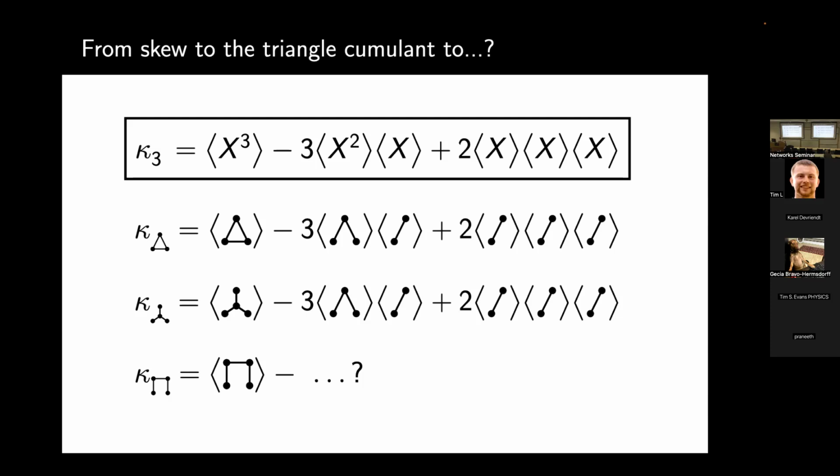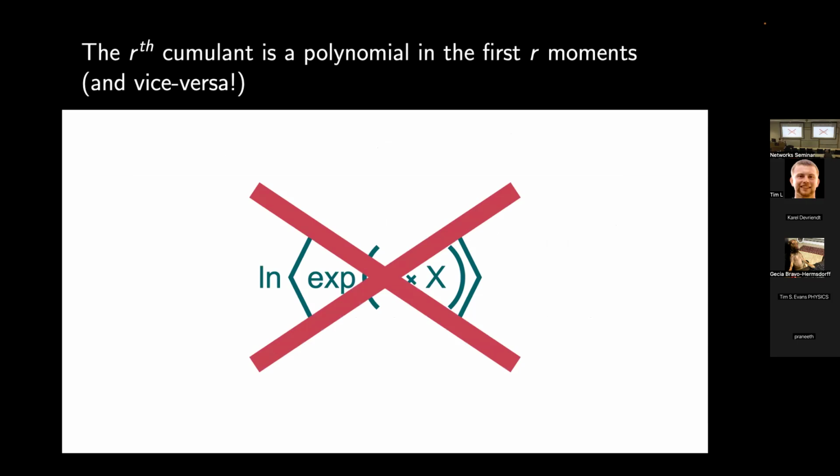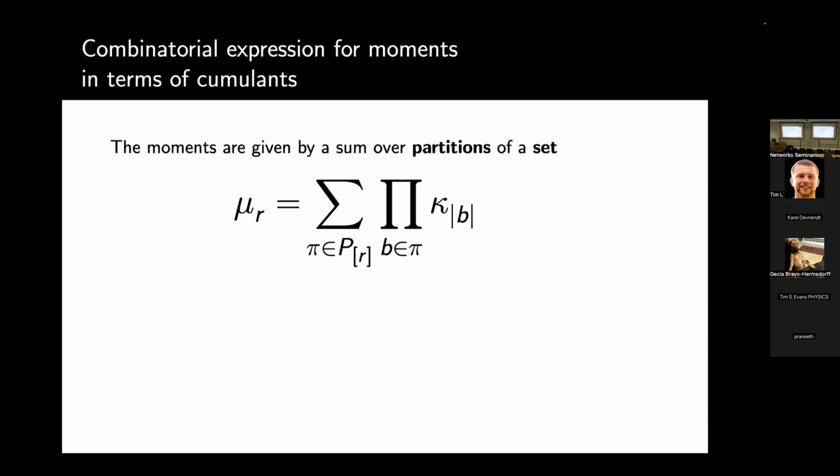Okay, so let's go back to the definition of classical cumulants. You may have heard it in terms of the coefficients of the log of the moment generating function, but actually there is an equivalent combinatorial definition that's much nicer, and it's also the thing that you use to generalize to other things.